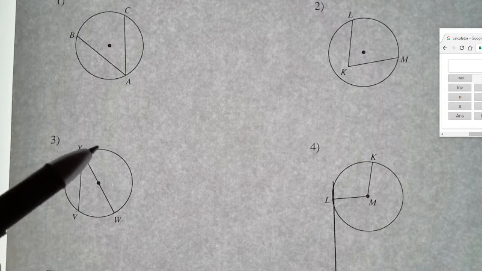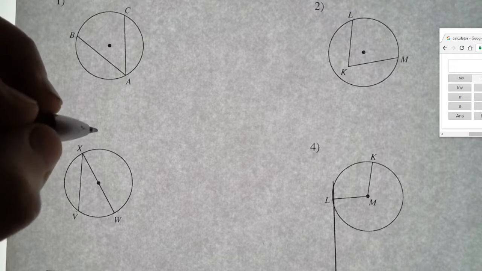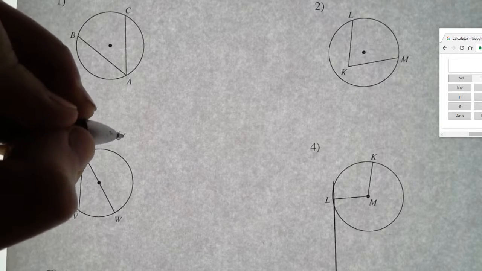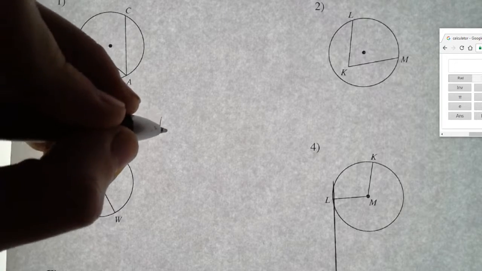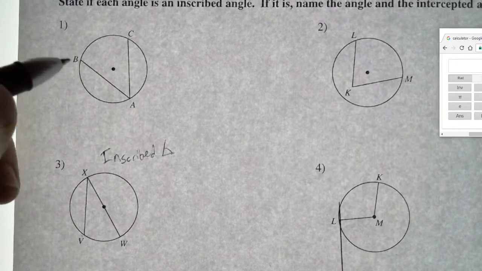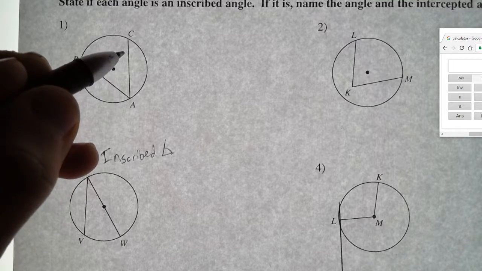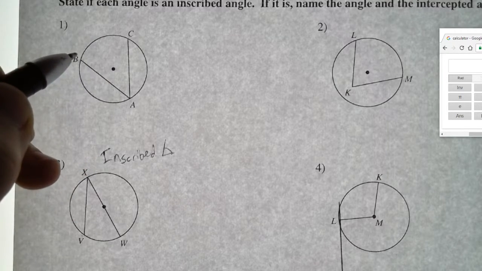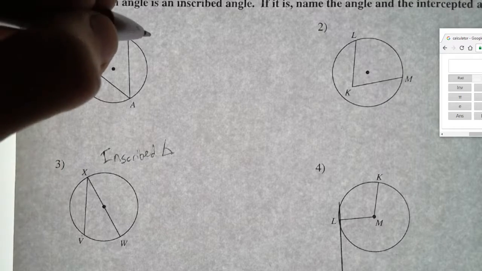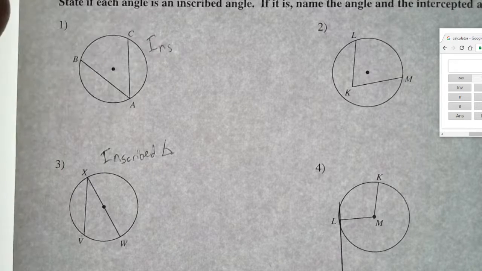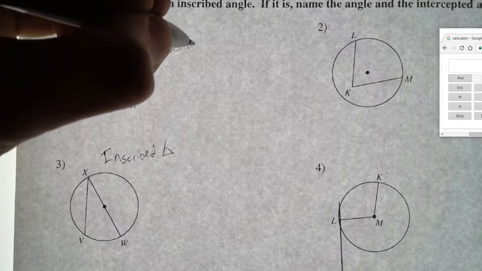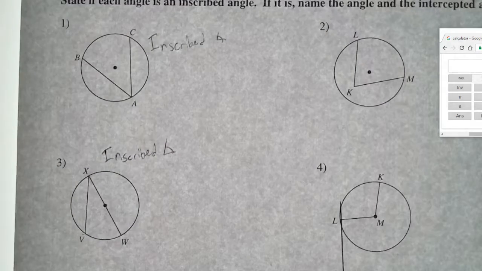So in number 3, this is an inscribed angle. This one is an inscribed angle. Number 1 here is an inscribed angle because it's touching the edge of the circle and the two legs are eventually touching the edge of the circle. So this is also an inscribed angle.